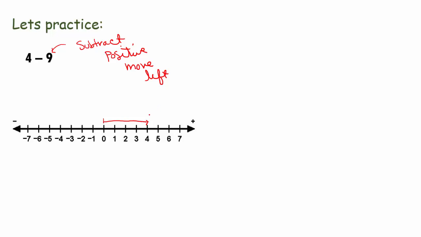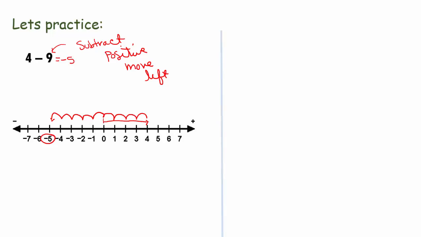So from 4, you're going to subtract 9. We're going to go back 1, 2, 3, 4, 5, 6, 7, 8, 9. Just going to count back. So that tells me 4 minus 9 is a negative 5.